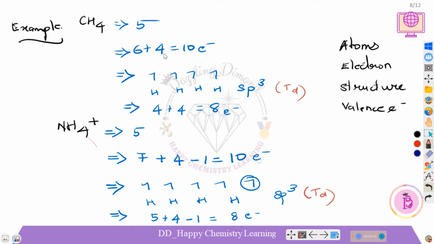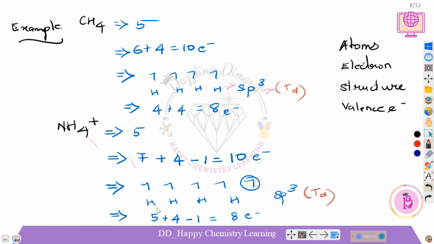Atomic number 6 plus 4, you will be getting 10 electrons. Here you have 7 plus 4 minus 1, because of this positive charge, you will be getting 10 electrons. Moving to the structure, you will be getting 4 bond pairs only, so no lone pair, so it corresponds to sp3 hybridization, that is tetrahedral shape.